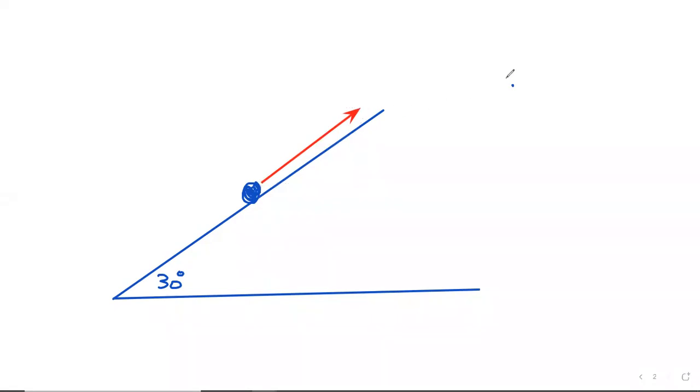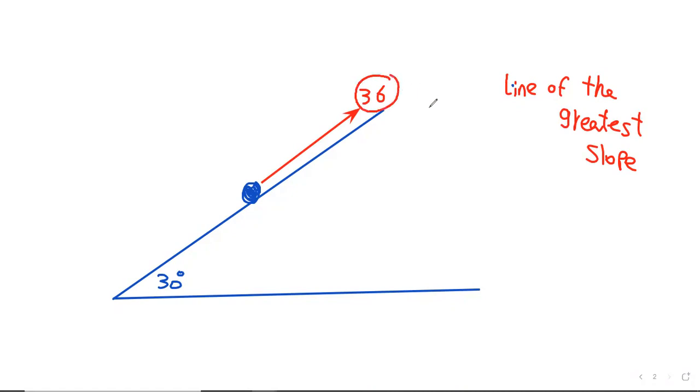This line is called the line of the greatest slope, and here we have the force F of magnitude 36. Find the magnitude of the weight and the magnitude of the reaction of the plane.